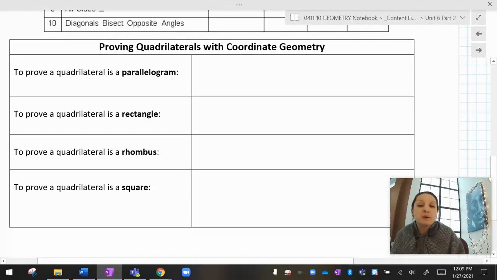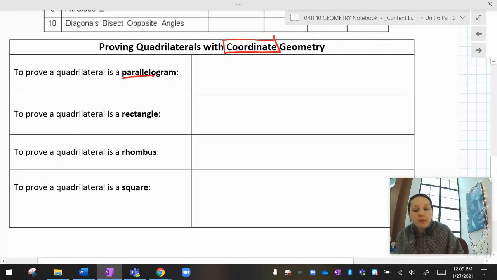How do you prove something is a parallelogram? Technically, there are a lot of ways, at least five different ways to prove it's a parallelogram. You don't need 5 ways. If you're doing it with coordinate geometry, even though there's going to be lots of ways to do all these things, I'm just going to list the easiest ones. You're welcome. Parallelogram has the word parallel in it.